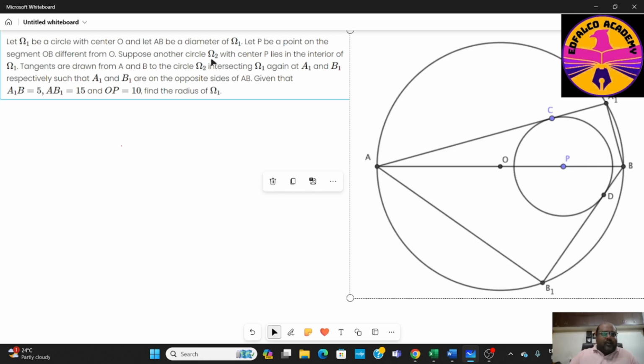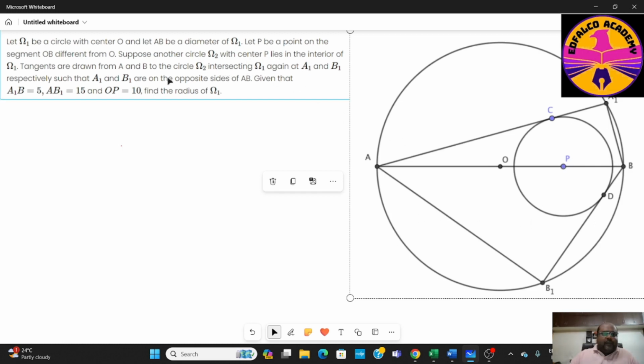Now suppose another circle sigma 2 with the center P lies in the interior of sigma 1. So with this P, there is a circle made, which is the inner circle, you can say. And this circle is completely lying within the outer circle. That's what it is telling. So the inner circle is being called sigma 2, the outer circle is sigma 1.